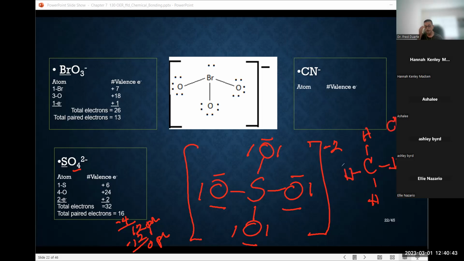Notice that there's no brackets around there. We also came up with a general formula of AB4. Okay, no brackets around that example because it's not an ion. Okay, ions have a charge, be it negative, be it positive. So only for that, we put in the bracket and the charge.